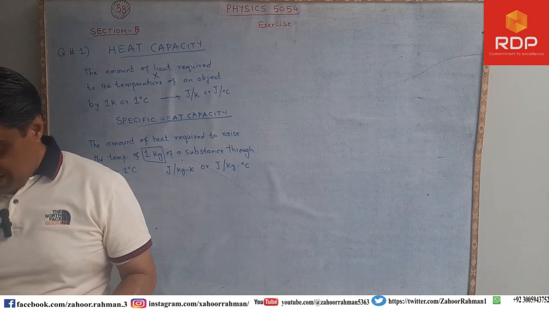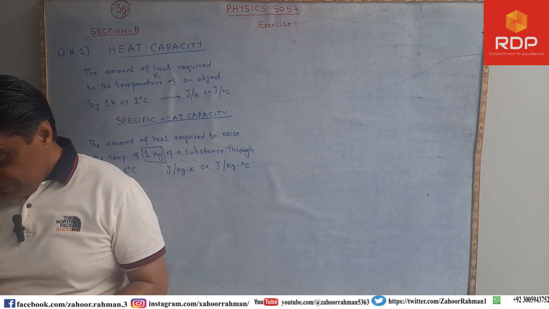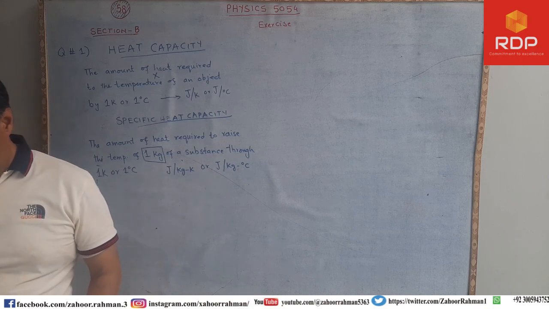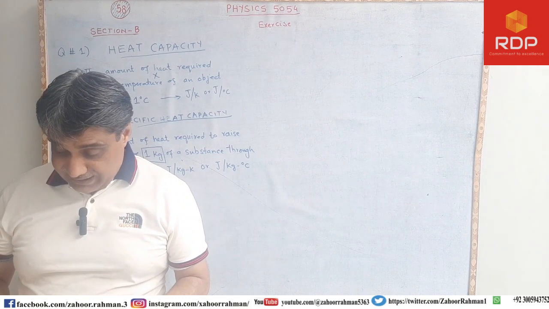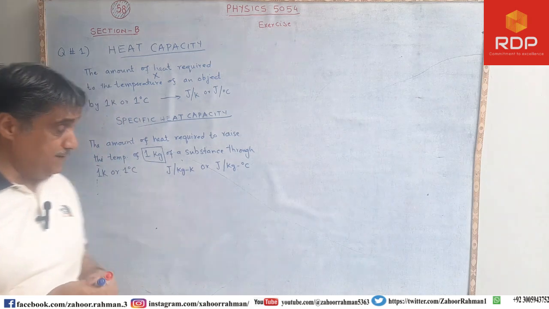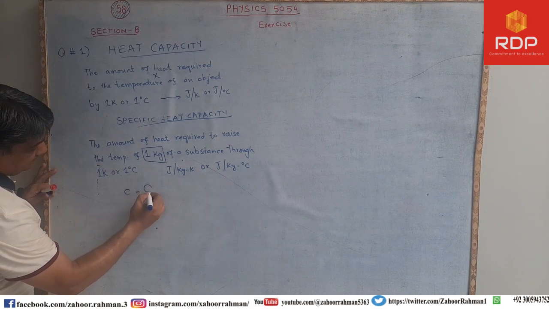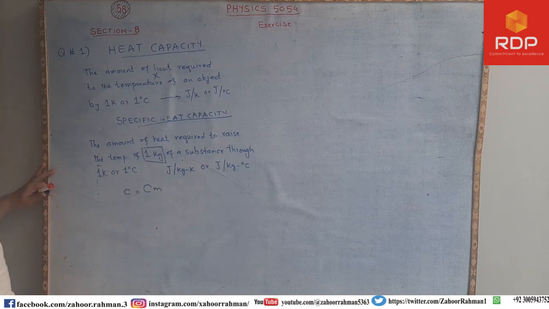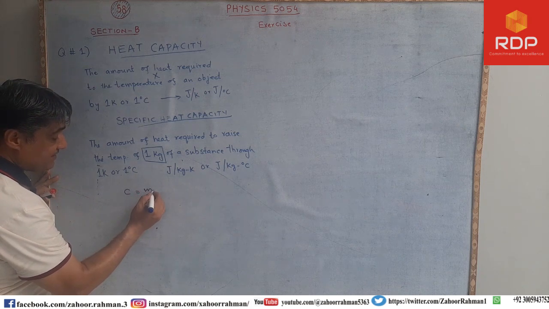The question is also asking how they are related with each other. So ladies and gentlemen, heat capacity C is equal to mc. We discussed this, so you can write it like this.